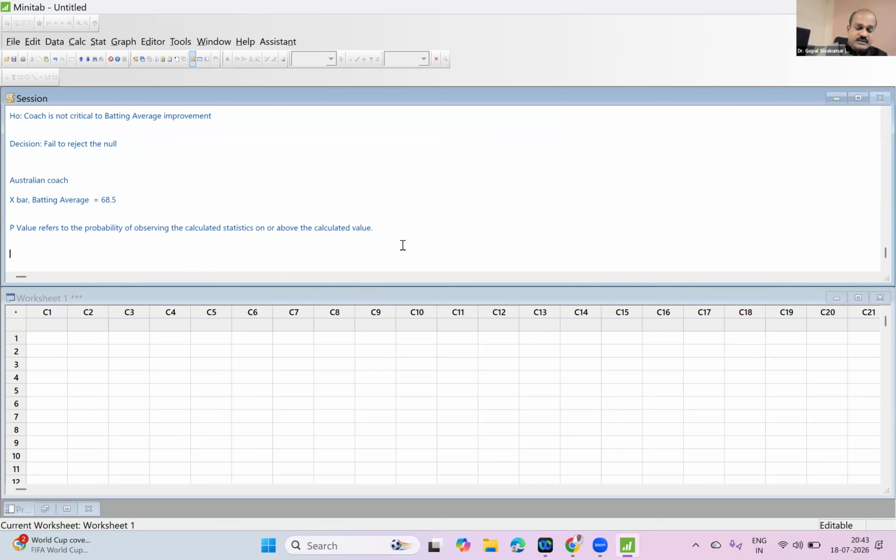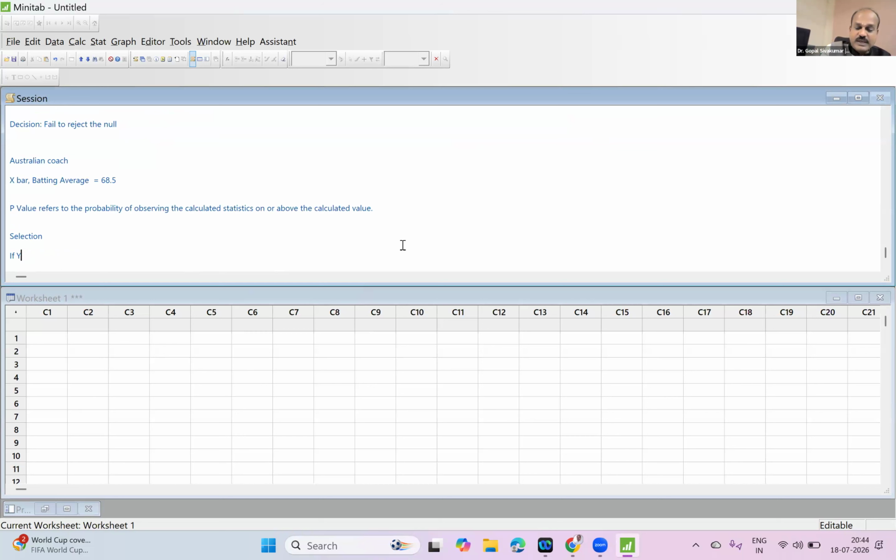And now test selection, hypothesis test selection. If Y is continuous, you all know what is continuous data, isn't it? What is continuous data? Measured value. Measurable data. Yeah, measured value.